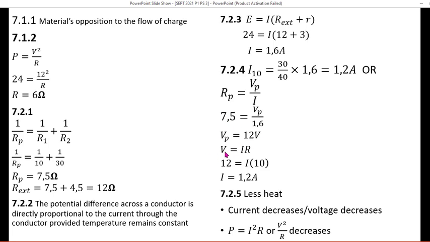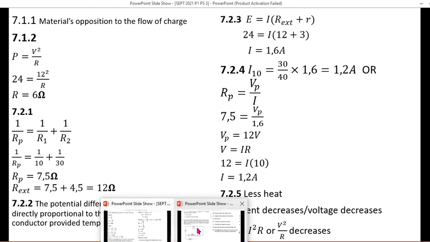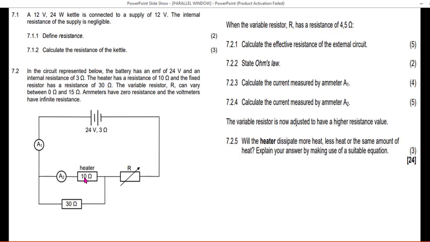Then this same formula, which we call the Ohm's law formula, we can write as V is equal to IR by making the voltage the subject of the formula. That is V is equal to I times R. Then the voltage of the parallel, which is 12 volts, is equal to the current times the 10 ohm, which is the resistance of where we are looking for the current, that is A2.